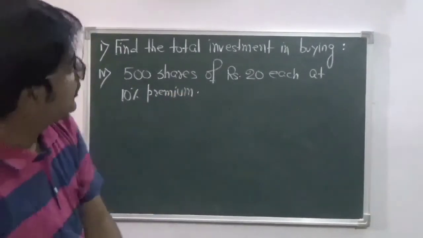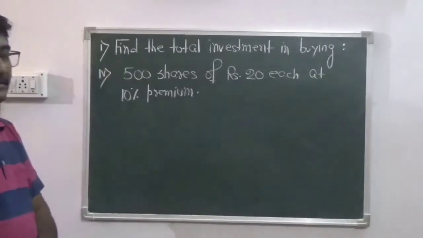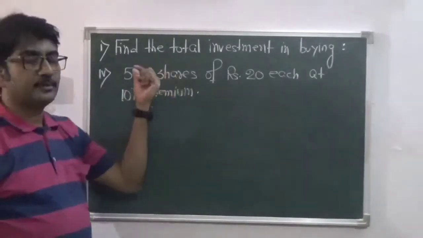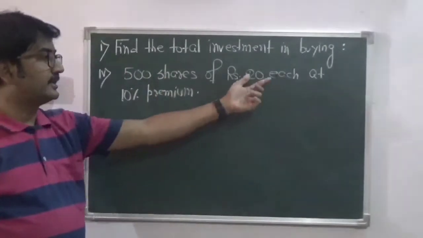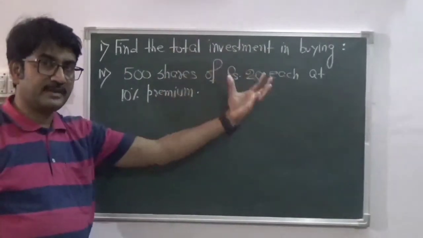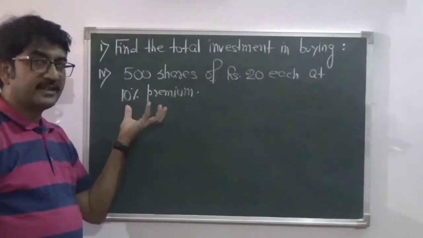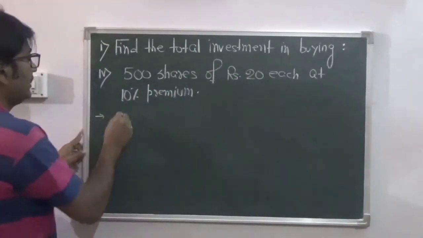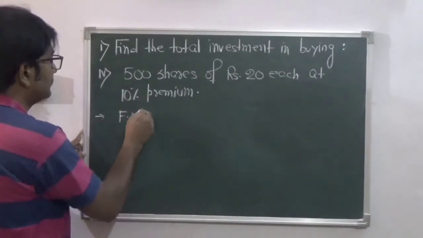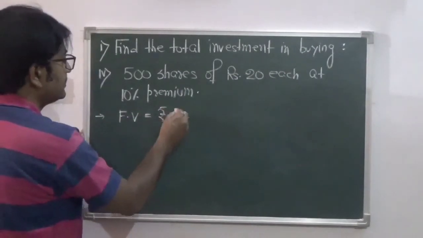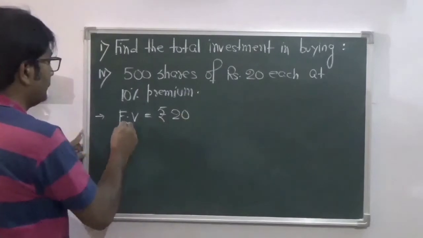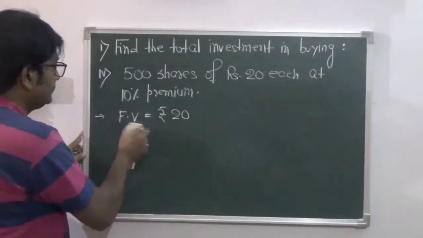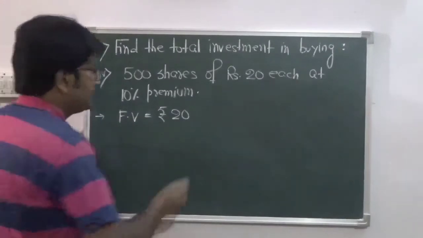Here the premium is given as a percentage of the face value. The total number of shares is 500, of rupees 20 each. The face value is rupees 20 and the premium is 10% of rupees 20. So let us first note down the face value equals rupees 20, market value. But before we find the market value, we need to find the premium.